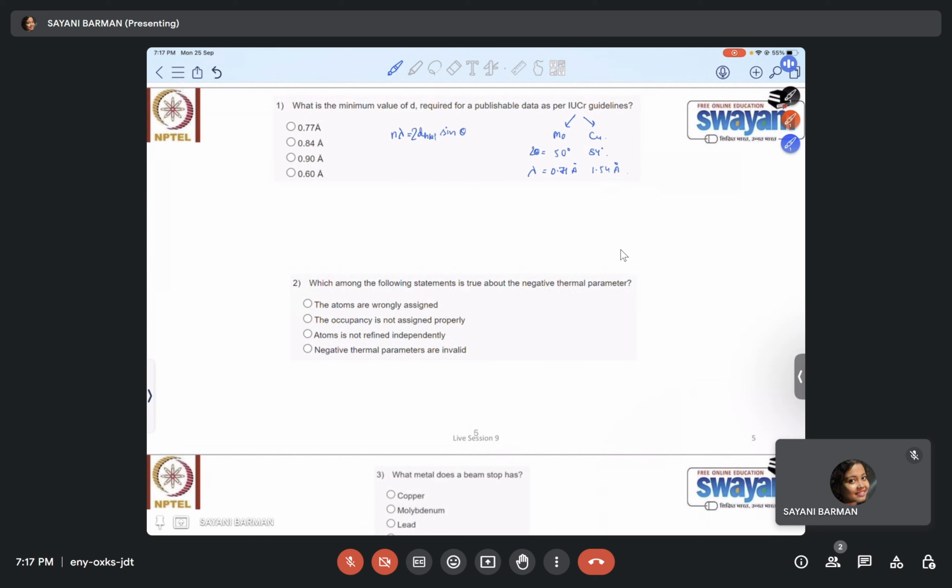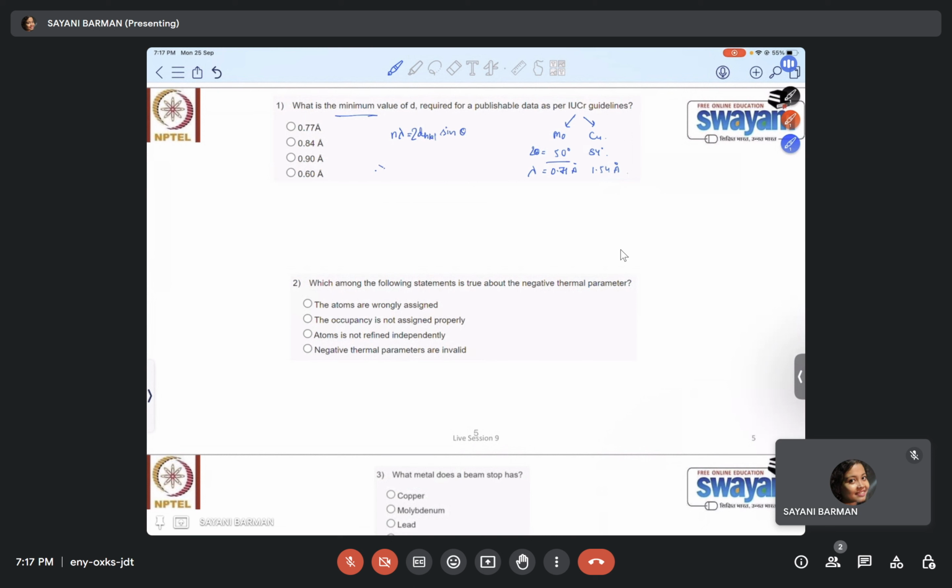Here, n we are taking as 1. There is one term here which is given as the minimum value. Molybdenum has the minimum 2 theta angle, so the minimum value of D will be determined by considering the source as molybdenum.